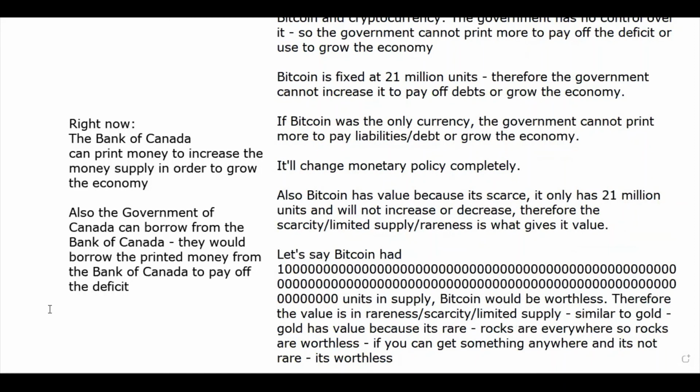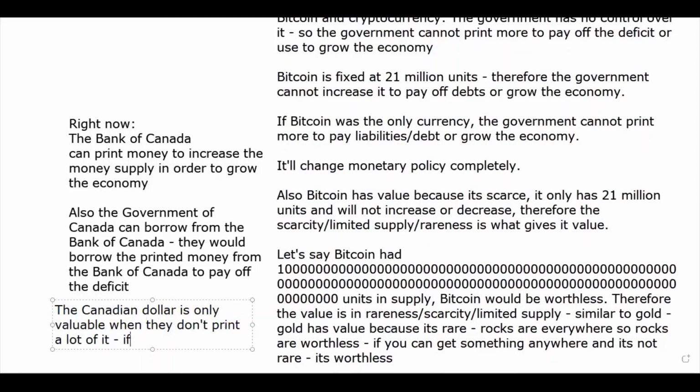So in this case, the Canadian dollar is only valuable when they don't print a lot of it. If they print this much Canadian dollars, it will be worthless.